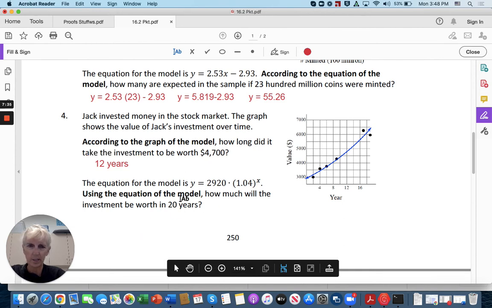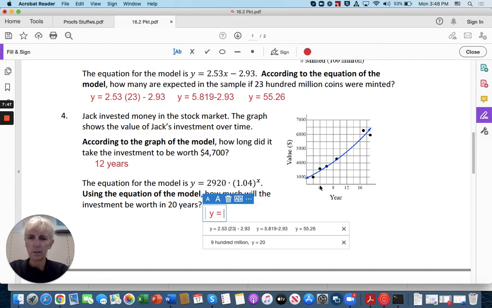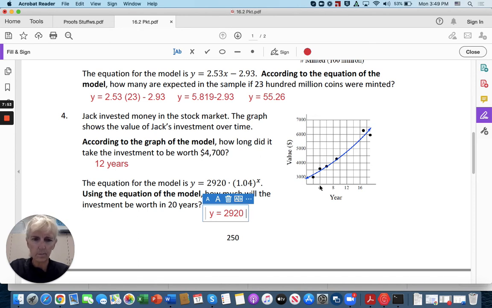So here's the equation of the model. Using the equation, how much will the investment be worth in 20 years? Okay, so we put 20 years, that's our x value. So we go y equals 2920 times 1.04 raised to the power.